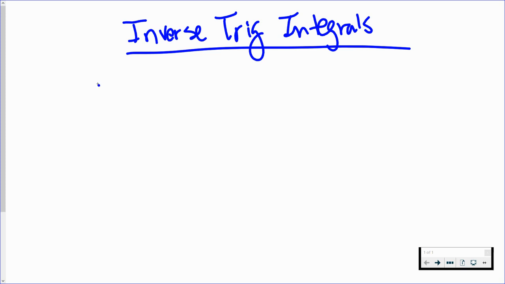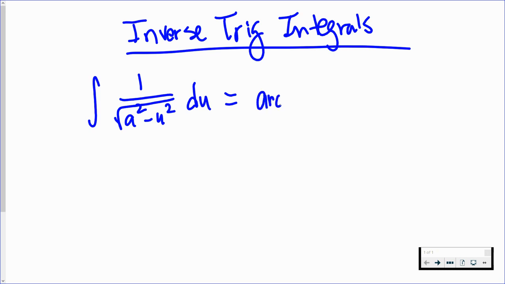Let's say we have the integral of 1 over the square root of a squared minus u squared du. That gives us the arcsin of u over a plus c.